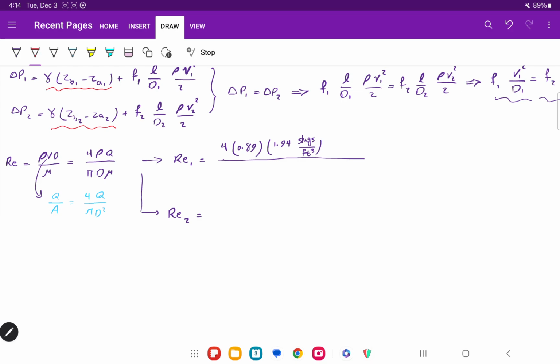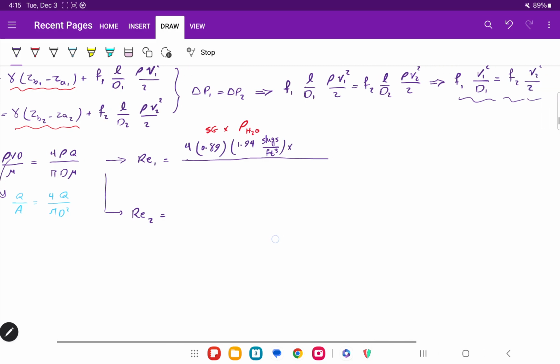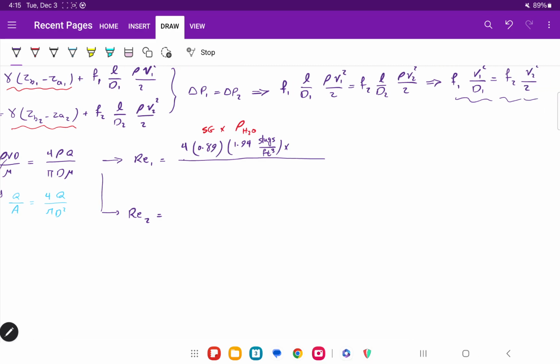This is Sg times rho of water. And the flow rate, 6 gallons per minute.